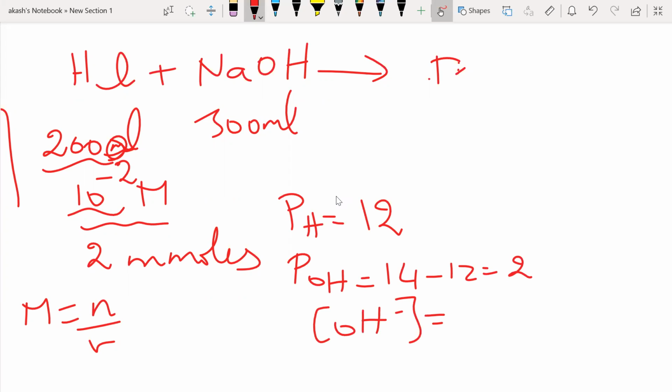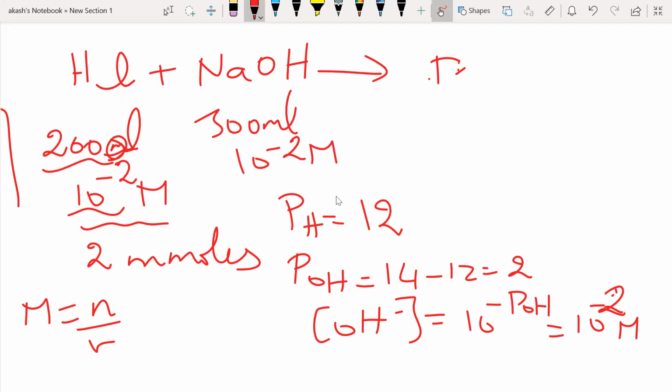Exactly similar, it is going to be 10 to the power minus pOH, and in this case pOH is 2. That will be 10 to the power minus 2 M. So that's what you need to understand.